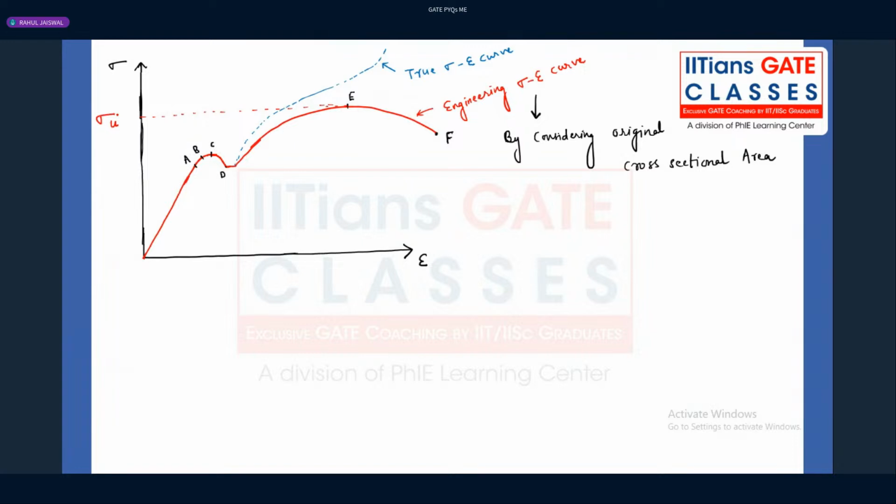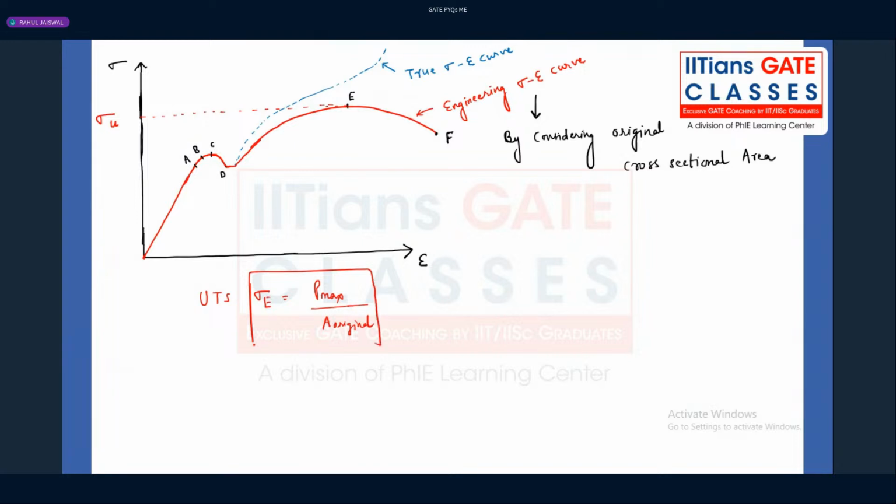And how are we going to get the value of stress there? The value of ultimate tensile strength, sigma E, is P max divided by the original cross-sectional area.